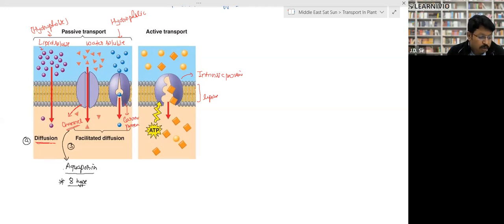Energy is not required in this transport, as it is taking place in the direction of concentration gradient. Full stop.